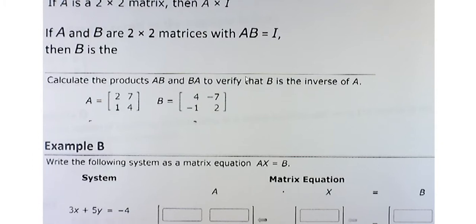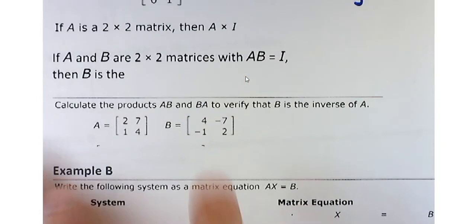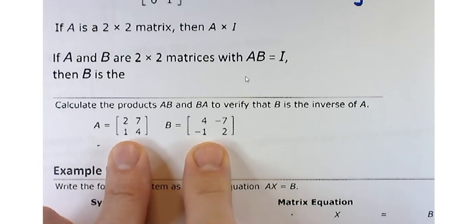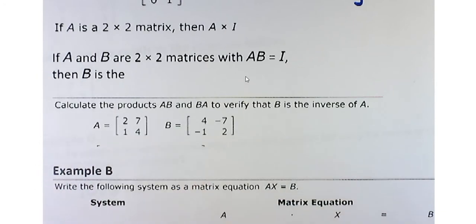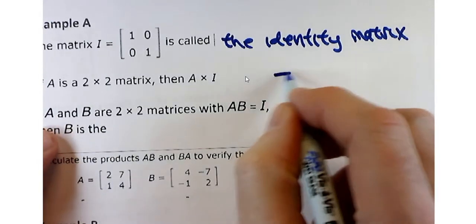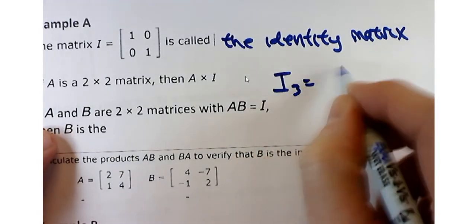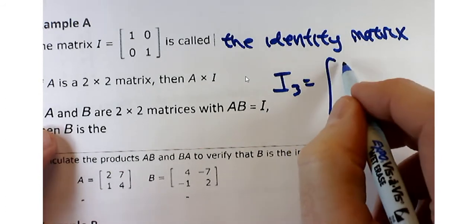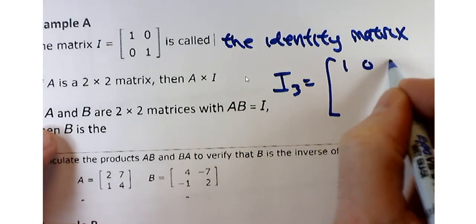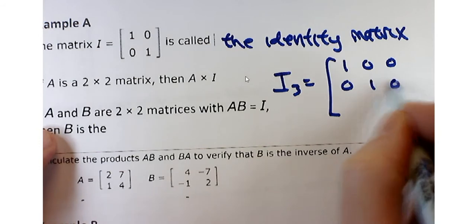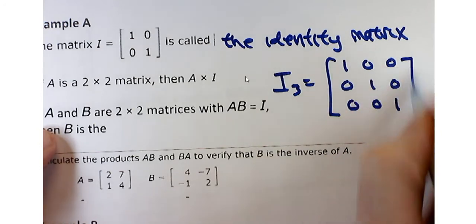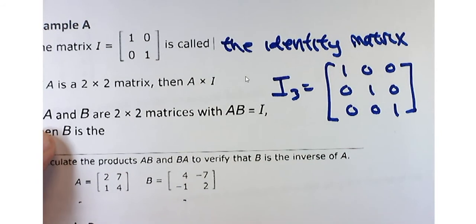Now, just to let you know, we don't have to just deal with 2 by 2 matrices. You can deal with the identity matrix of any size. For instance, I'll call I3 a 3 by 3 matrix like this: 1, 0, 0, 0, 1, 0, 0, 0, 1. That's I3.